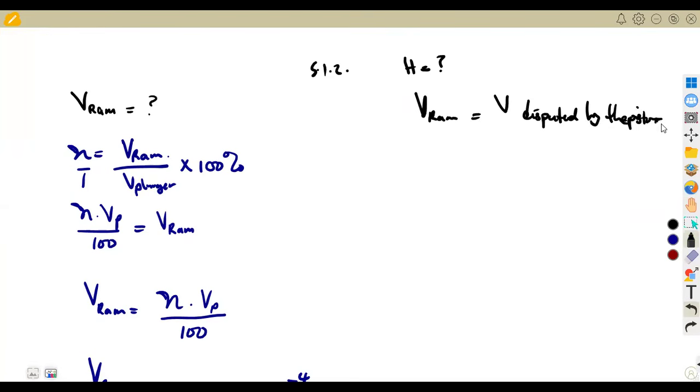I want us to understand this because there is the VRAM that we are supposed to calculate from area times the ram distance. That's pi d squared over 4 times the ram distance. So this is our cross-sectional area. But because here we are now at the actual condition, we are using actual values.